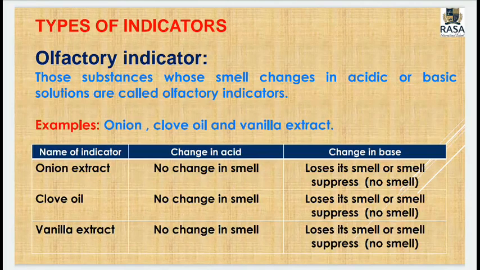Okay, now olive oil or laung ka tel. There is no change in smell when in contact with acid, but along with the base again there is a loss of smell, or again the smell gets suppressed.